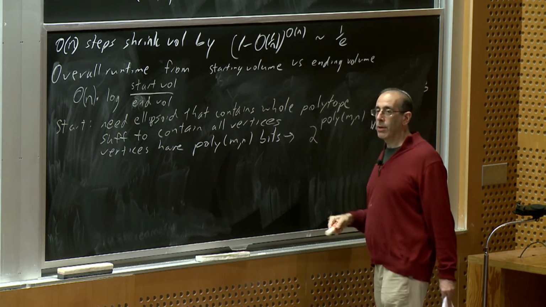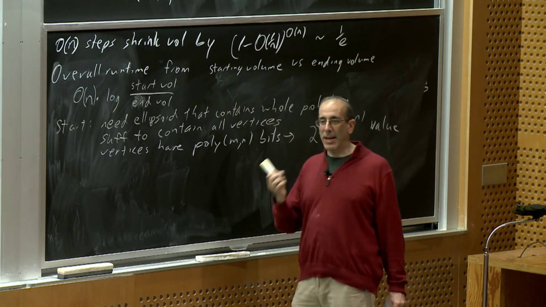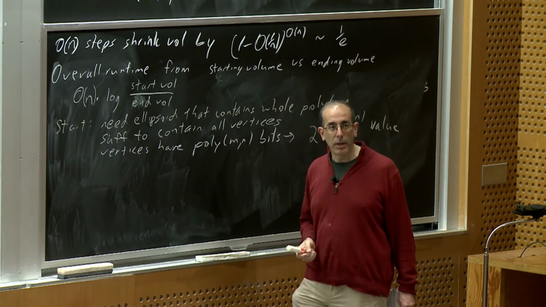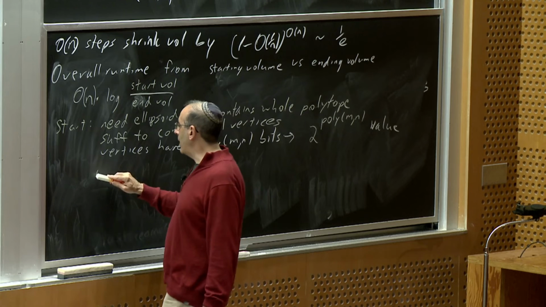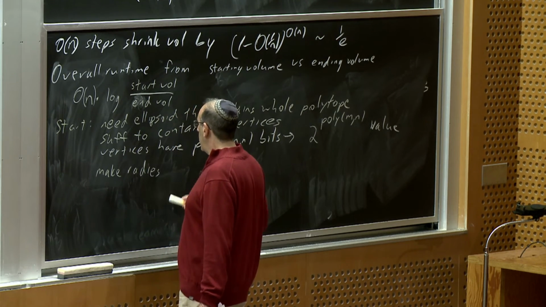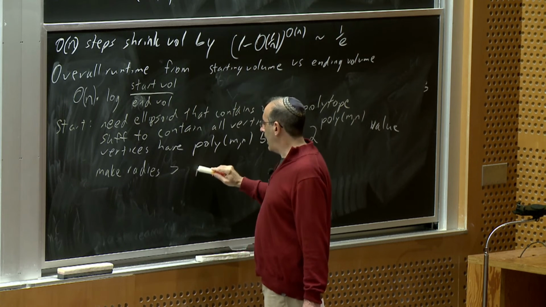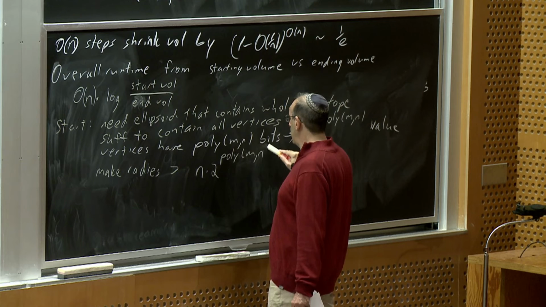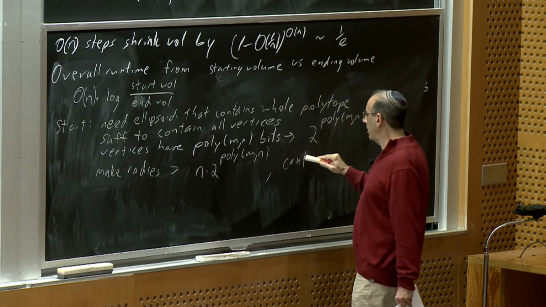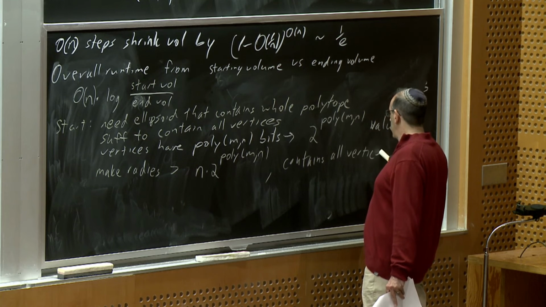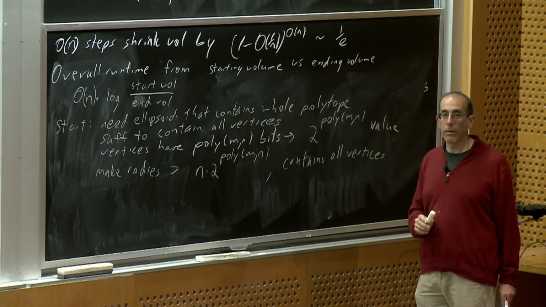Okay? So every coordinate of a vertex is a number that is smaller than 2 to the poly of mn. So if we just make the radius greater than n times 2 to the poly of mn, it will contain all the vertices, right?